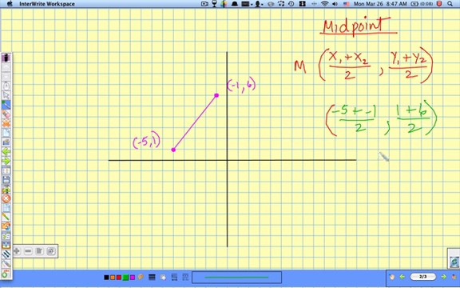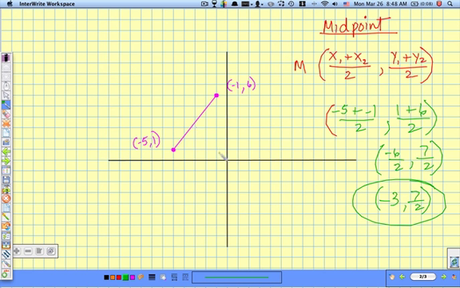All we have to do now is simplify. So -5 plus -1 is -6 divided by 2, comma, this is 7 divided by 2. Well, -6 divided by 2 is -3. If we divide 7 halves, well, that's 3.5, which you could write, or 7 halves, or 3.5. Either way, I'll just leave it as 7 halves. There's my midpoint.